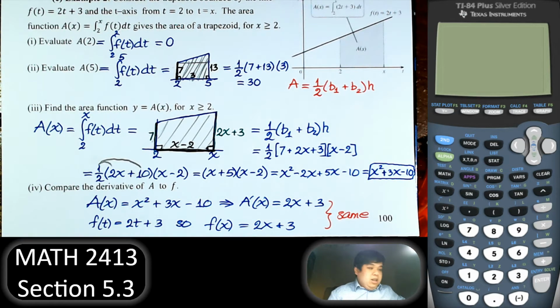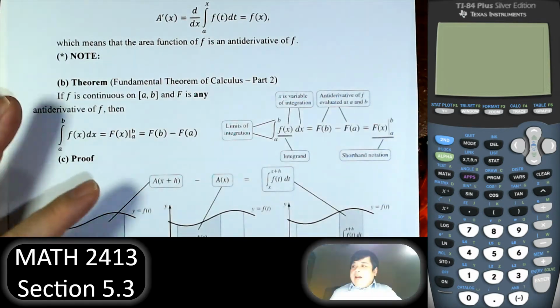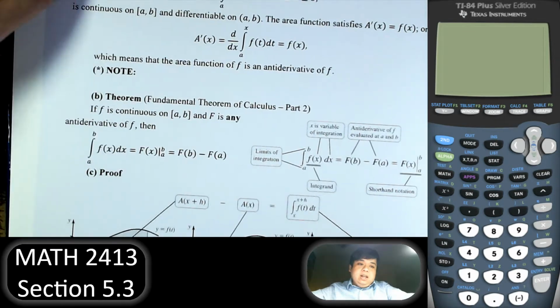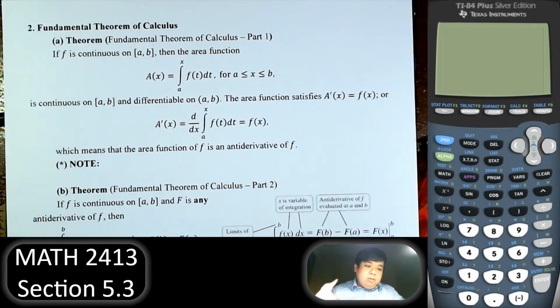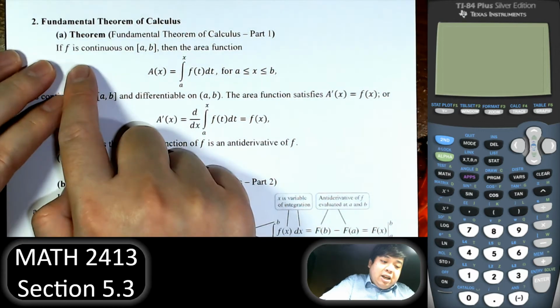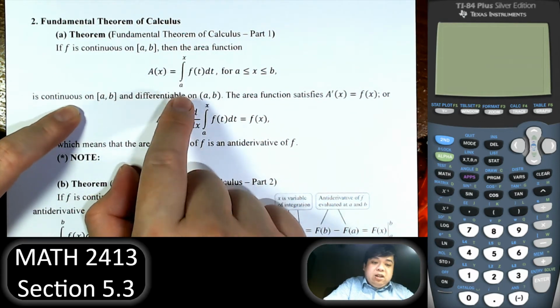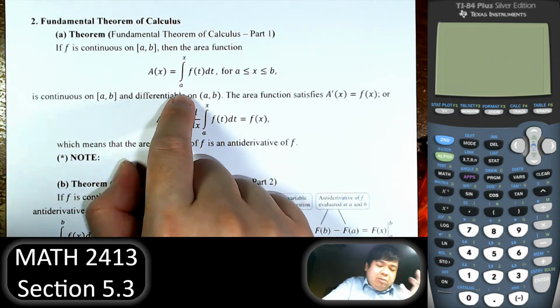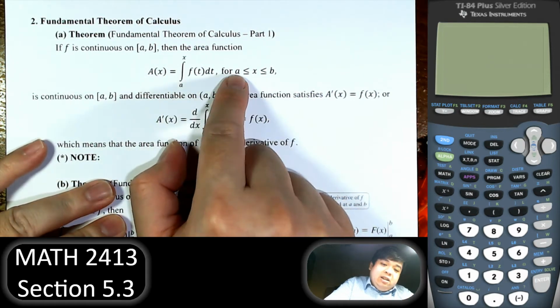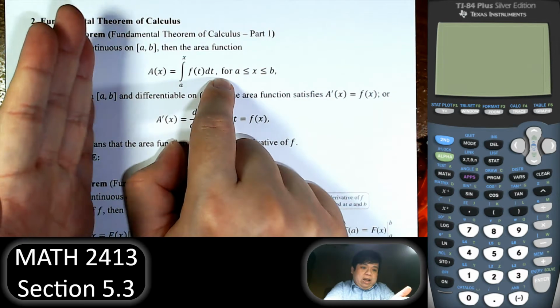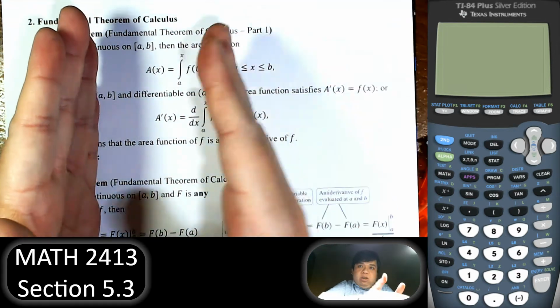And the answer is, that is not a coincidence. It is always the case. And that is the fundamental theorem of calculus. In this theorem there will be two parts. The first part says that if f is a continuous function and the area function is from a to x, where x is bigger than a, so the area from a to some point x on the right side of it.